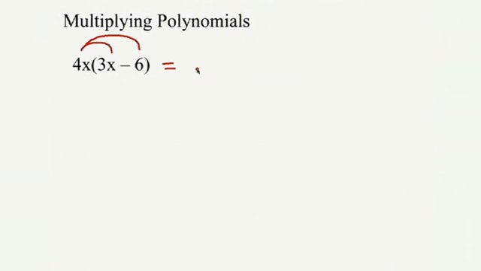If you're learning this for the first time, you may want to actually write that step out. 4x gets multiplied by 3x minus 4x gets multiplied by 6. And again, in doing this multiplication, do numbers, then variables. 4 times 3 is 12.